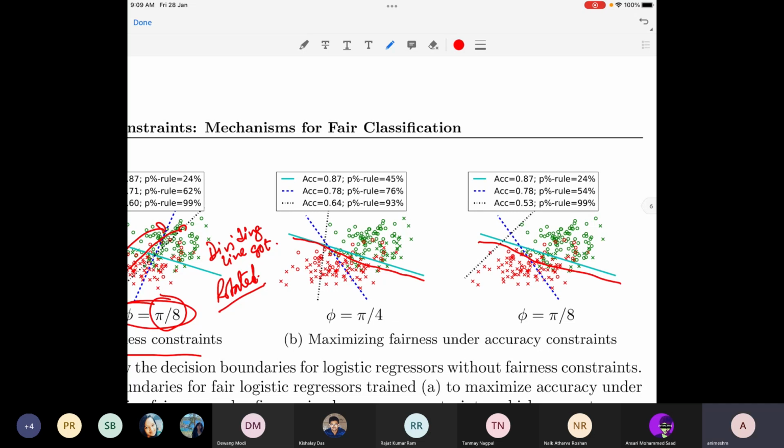No observations. Come on, you don't have any observations from these two figures.